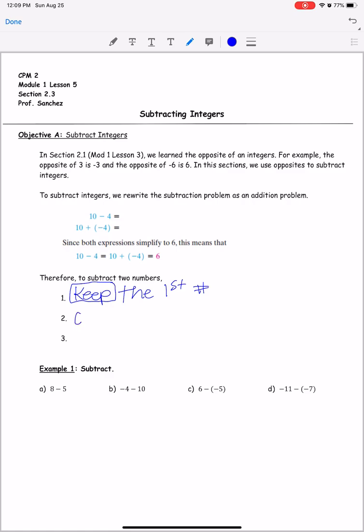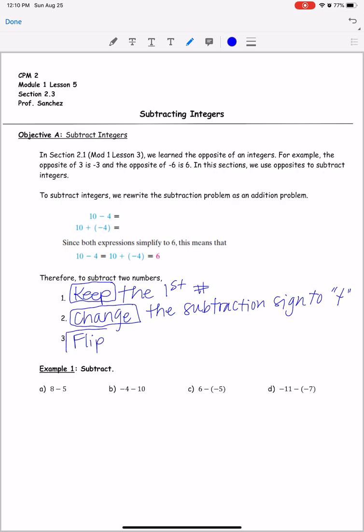You are then going to change the subtraction sign to addition. Now I'm out of room, so now to plus. And then you are going to flip the sign of the second number.